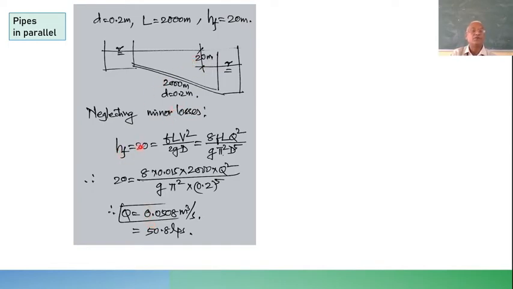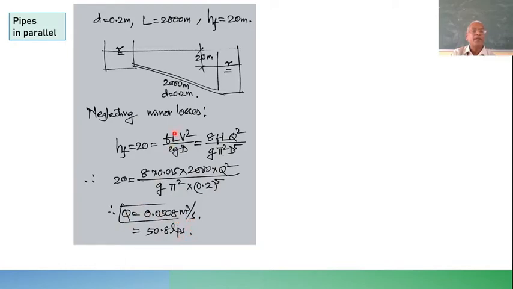HF is equal to, as far as this condition is concerned, 20 meters, which is equal to 8FL Q squared divided by g pi squared d raised to 5. 8F is given, L is given, Q is to be found, g pi squared d is given, 0.2 raised to 5. So the only unknown in this equation is Q, which is 50.8 liters per second.